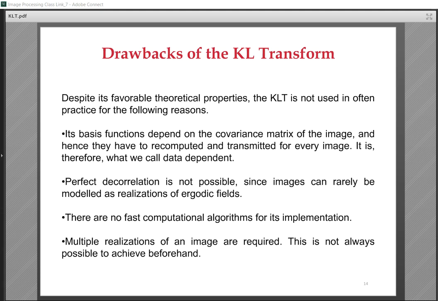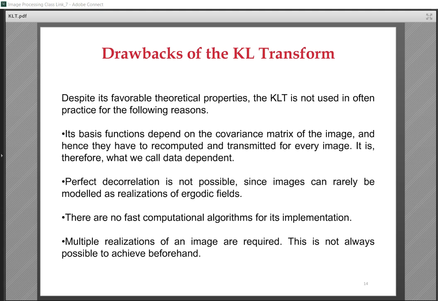We said this transform was a good transform. But we have some drawbacks. Why? We see here: despite its favorable theoretical properties, the KLT is not often used in practice for the following reasons.